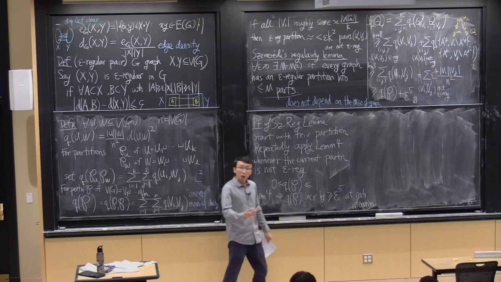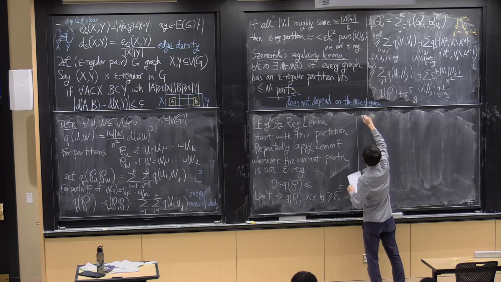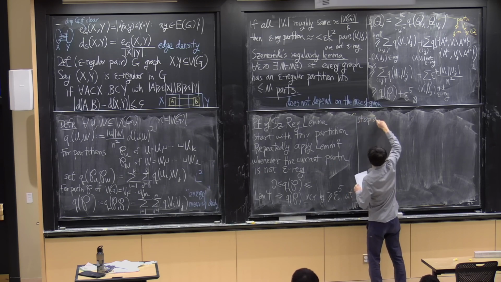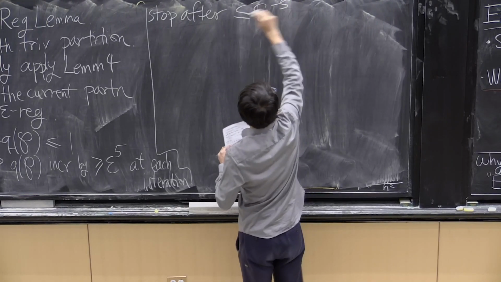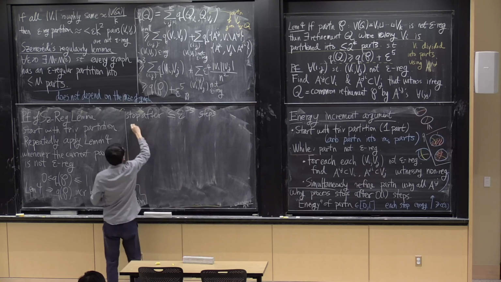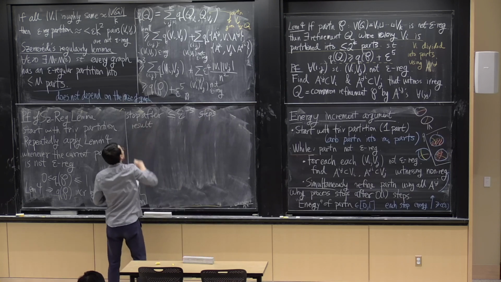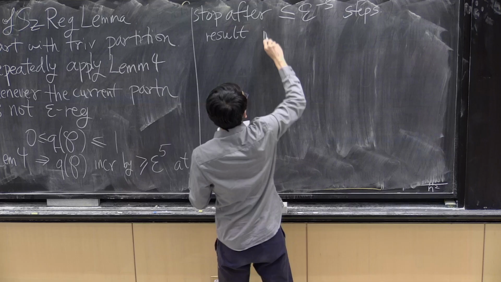So this process cannot continue forever. So we must stop after at most epsilon to the minus 5th power number of steps. And when we stop, we must result in an epsilon regular partition.